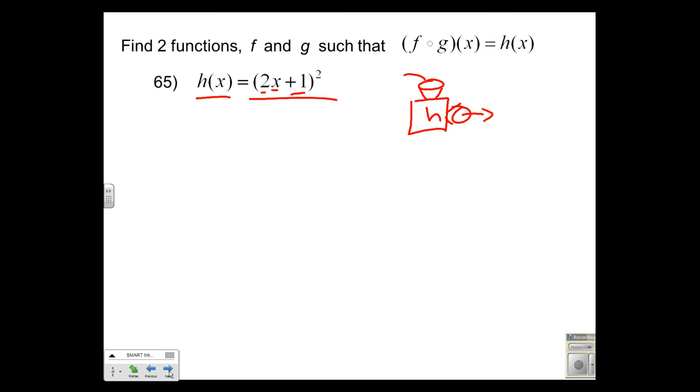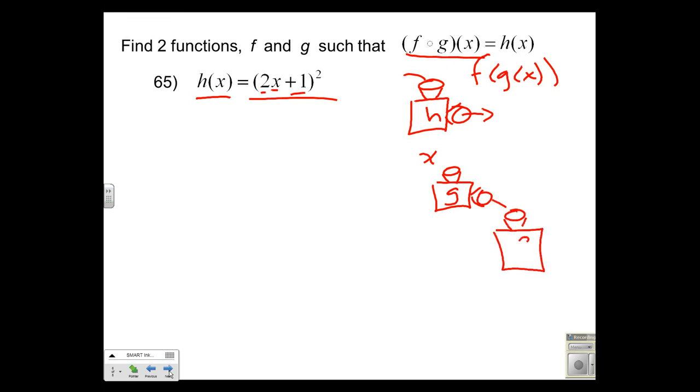But now I want to have f of g of x. I want to be able to take x, put it into a tree called G, open up a new tree, hire some more elves, call that tree F, and let F do the rest of the work. So here's the important part of this. G has to do the beginning work.